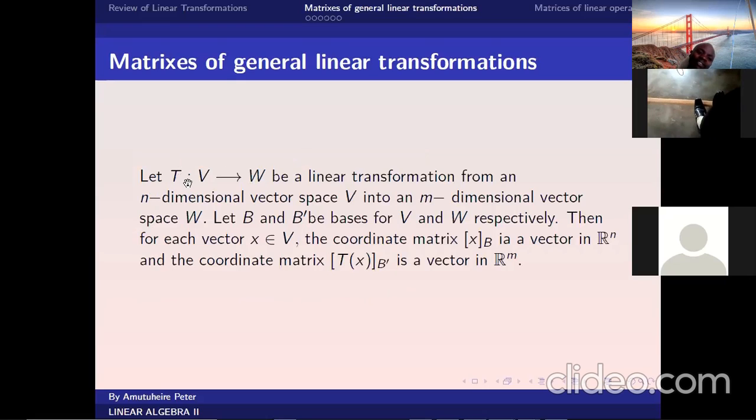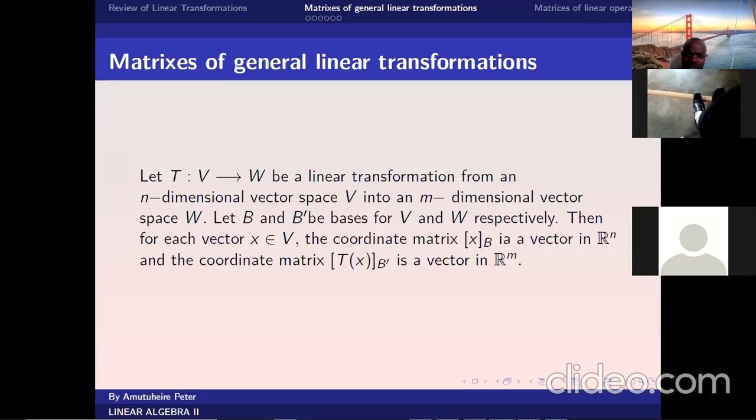We have a linear transformation T, which maps things from vector space V to vector space W. V is an n-dimensional vector space and W is an m-dimensional vector space. Now, if we have B and B prime as the bases for V and W respectively, we know that every vector space has what we call a basis.